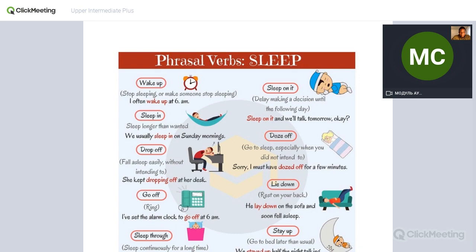Yes, near 1 o'clock, maybe 30 past 12, maybe midnight, but usually near 1 o'clock a.m. Oh, okay. So how many hours do you sleep in general?